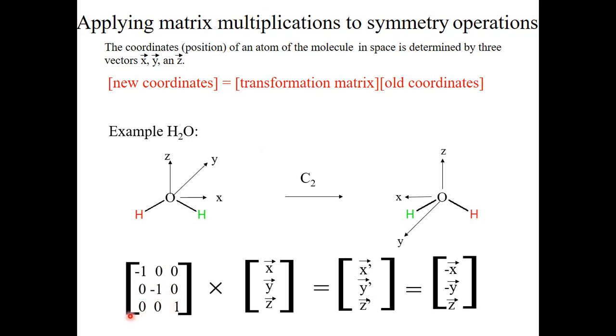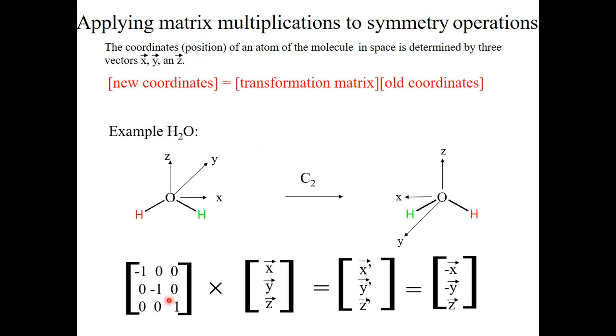We can verify that this is the correct matrix by applying the multiplication rules. So let's just do this. Let's multiply the first row here with the first and only column of the old coordinates. So this would give minus x plus 0 times y plus 0 times z. And that would just give minus x.